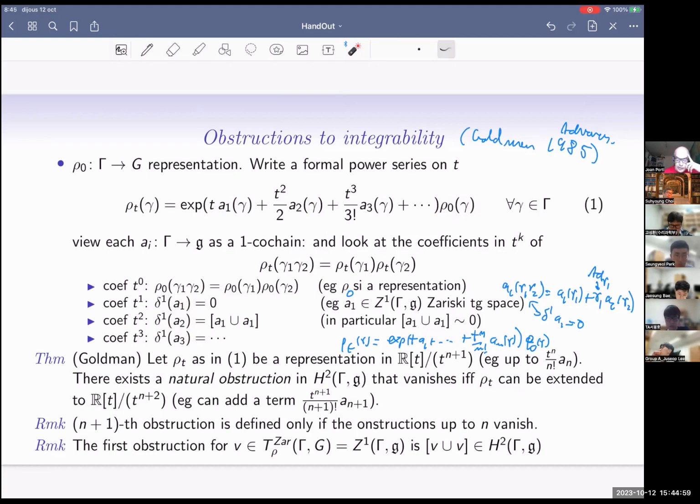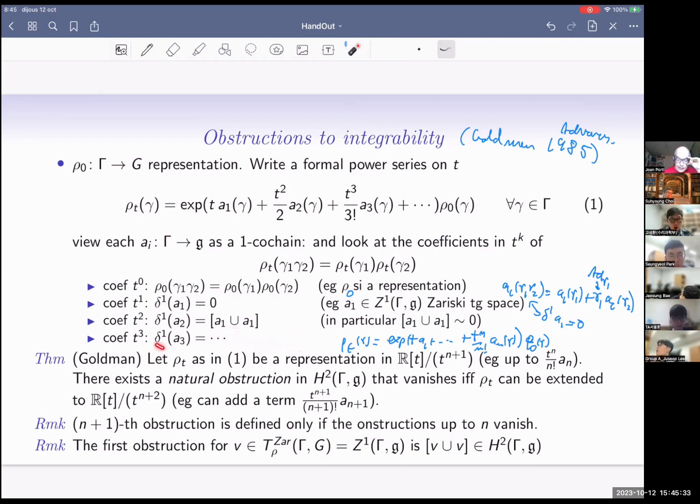If you have A1 and A2, there is a formula that I didn't write here, using the exponential formula and Campbell-Hausdorff and so on. What Goldman tells me is that if I have A1 and A2, then I have a formula with A1, A2, whatever, I don't remember. If there is something divided by something, there is a third bracket and so on. That's a complicated formula that depends on A1 and A2.